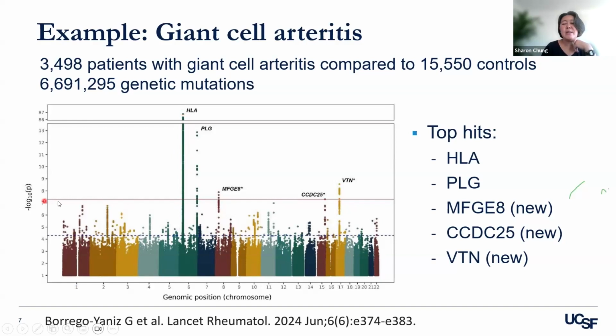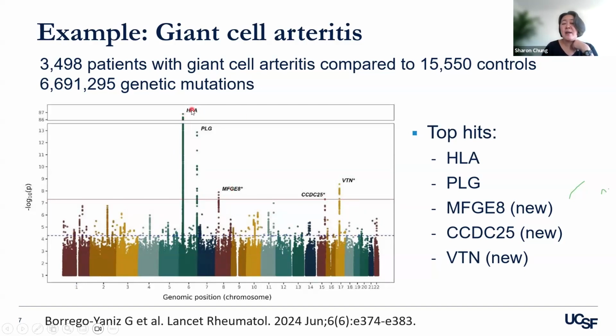And basically, we identify a threshold where we say all the dots above this line here are associated with giant cell arteritis. They're far more commonly seen in patients with giant cell arteritis compared to those who don't have giant cell arteritis. And we have what we call our top hits, the genes that have mutations that are above this line. And our top hits are in 5 areas.